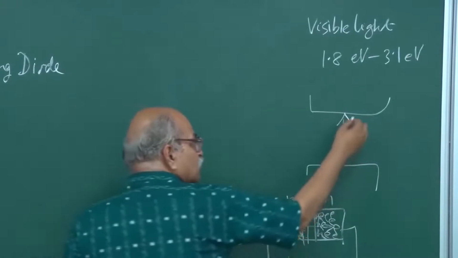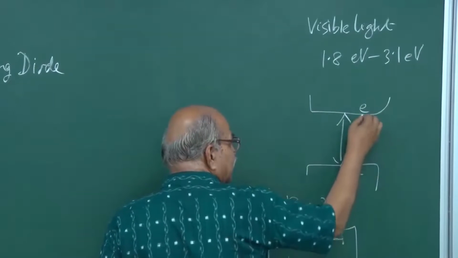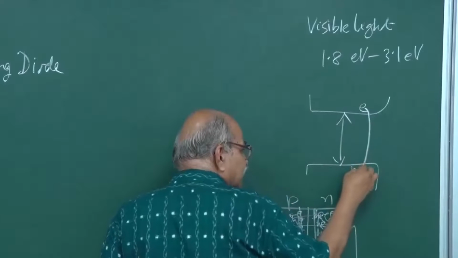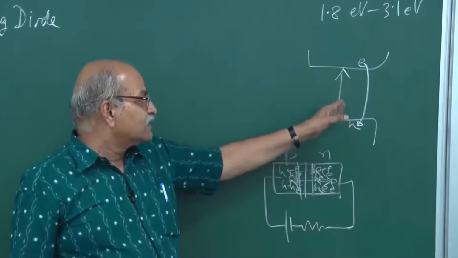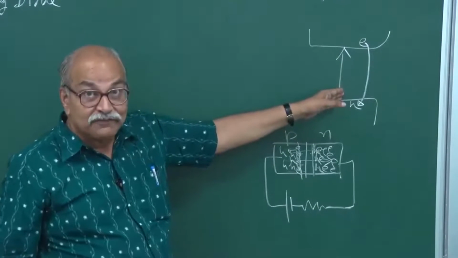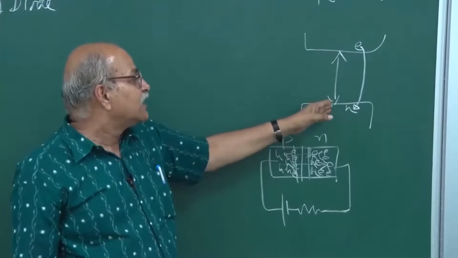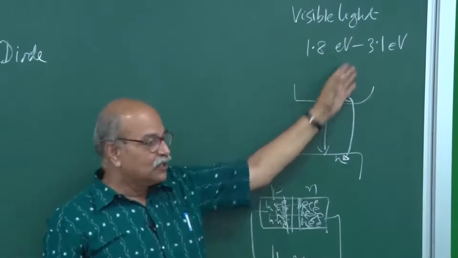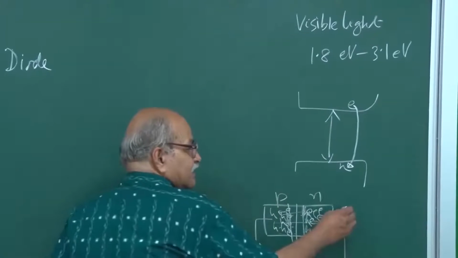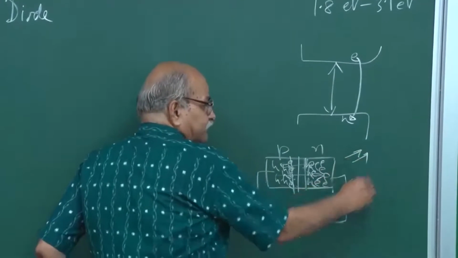So, if an electron and hole recombine, if the electron falls from the conduction band to the valence band, and if this extra energy is released in the form of a photon, and if this band gap happens to be somewhere in this range, what you will find is light is emitted from here.